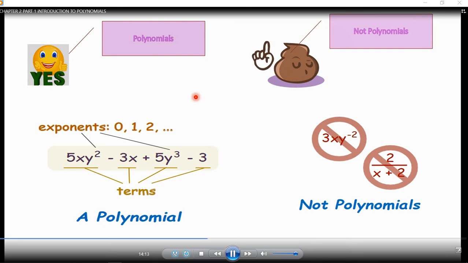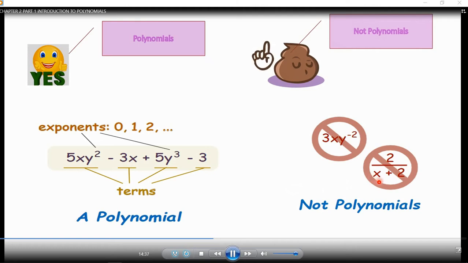Non-negative integers means positive integers. And integers means fractions are not allowed. The hidden concept that fractions are not allowed is already understood by writing that they are non-negative integers. It means fractions are not allowed.